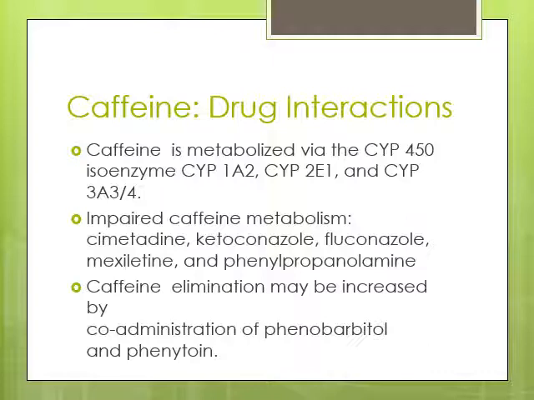These can include cimetidine, ketoconazole, fluconazole, mexiletine, and also phenylpropanolamine, which may impair caffeine metabolism and can lead to increased serum levels. Caffeine elimination may be increased by co-administration of phenobarbital and phenytoin.